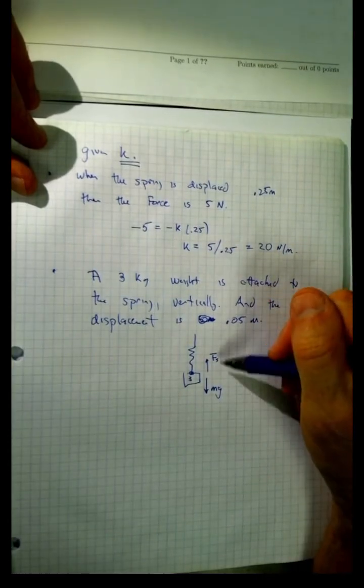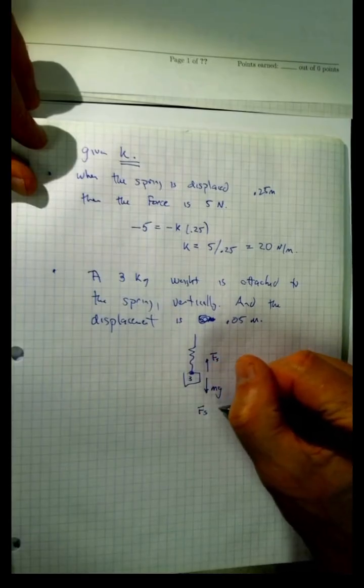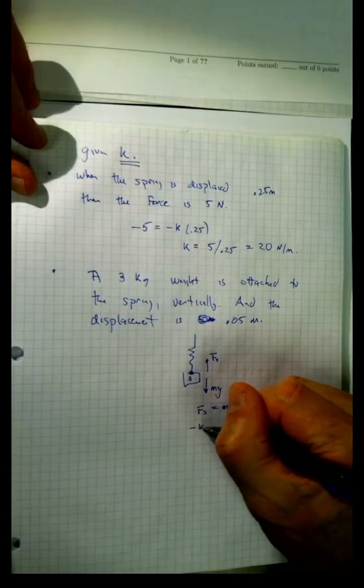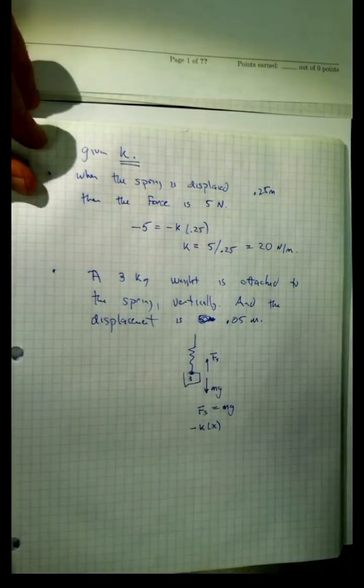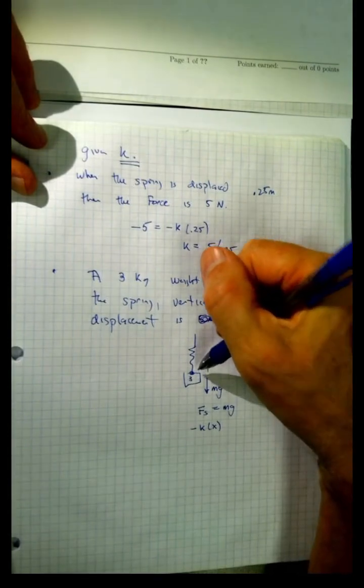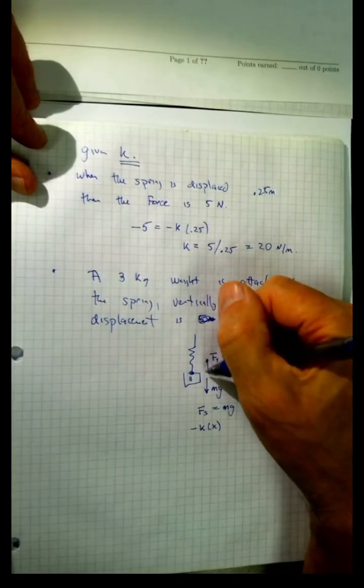If this is at equilibrium, those two things have to match up. So the force due to the spring is equal to mg, and this is going to be minus kx, and I'm going to be careful here.